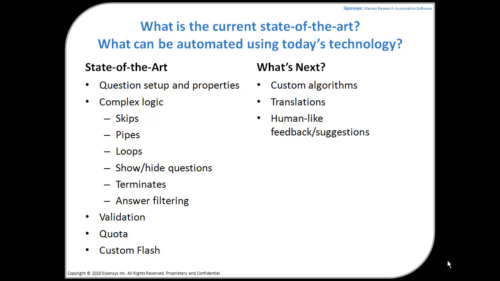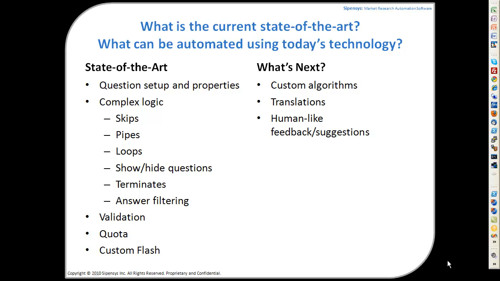4th generation survey programming automation tools can automate just about everything. Question setup, shells, custom functions, skips, pipes, and terms can all be automated. So what's in store for 5th generation survey programming automation tools? One obvious improvement will be the integration of custom algorithms, such as custom discrete choice or segmentation algorithms.